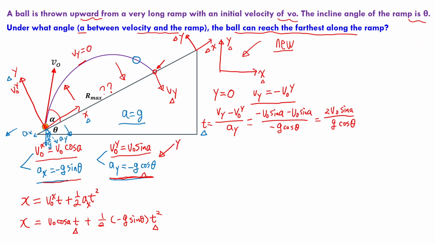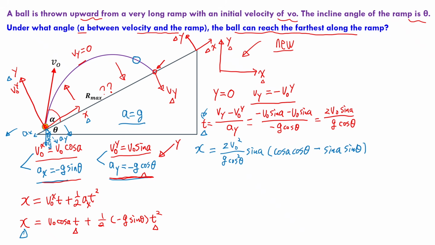Now if we substitute this time into the displacement equation, we should be able to find the displacement along the ramp direction. I have already done that, and this is the displacement: 2V0 squared divided by g cosine theta squared, times sine alpha, times the bracket cosine alpha cosine theta minus sine alpha sine theta.